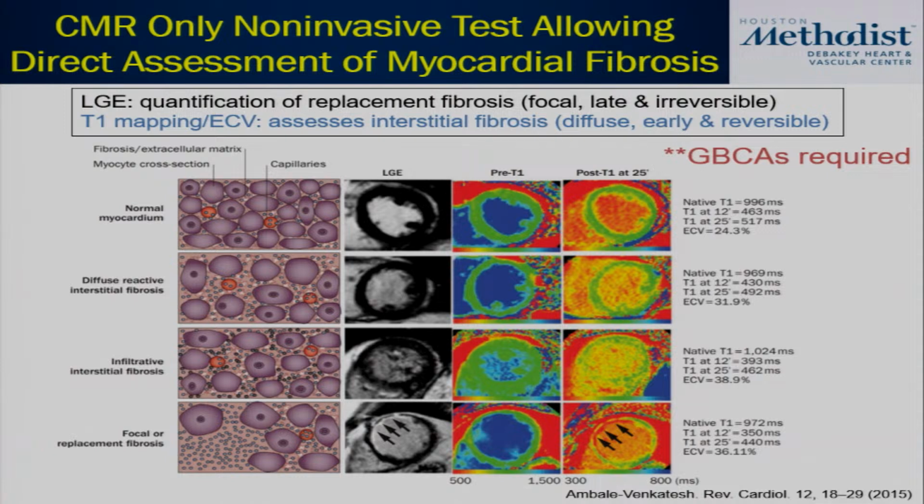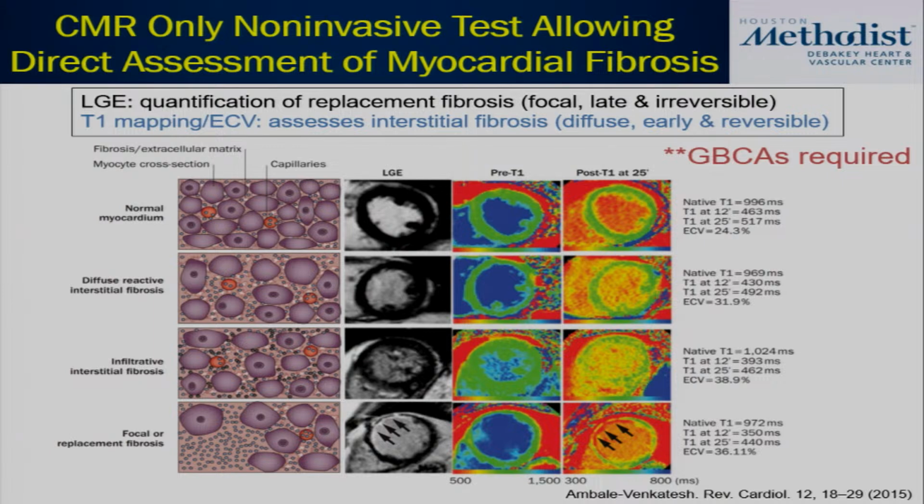And then there are other techniques called T1 mapping and ECV, which allow us to look at interstitial fibrosis. This is also a form of fibrosis where the extracellular space is expanded, but this is a more diffuse pattern. It happens early, before replacement fibrosis, and it's a completely reversible phenomenon.